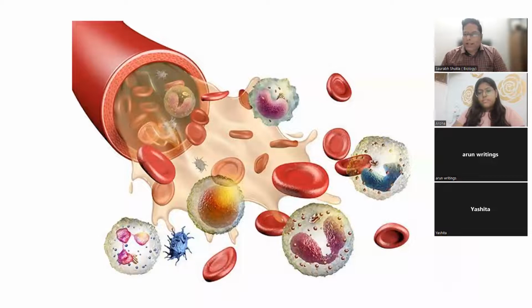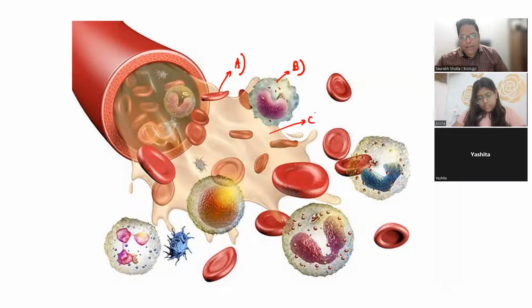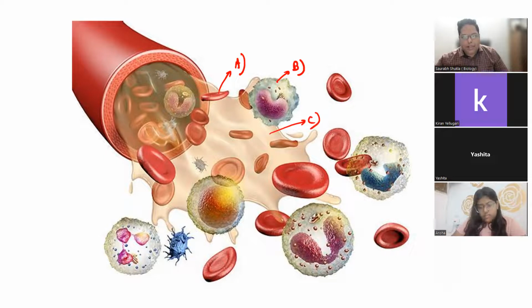There is another task for my students. There is one image displayed on your screen, and I have a few questions: you have to answer capital A, B, C and D. The important image is available in your slide.